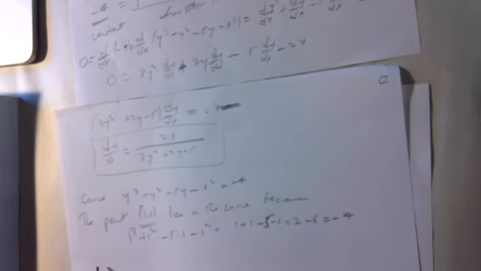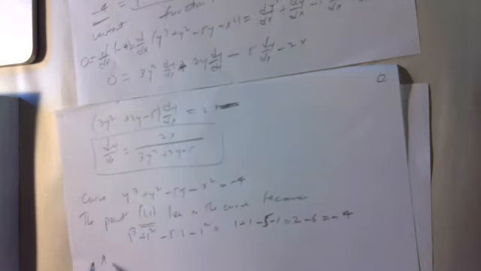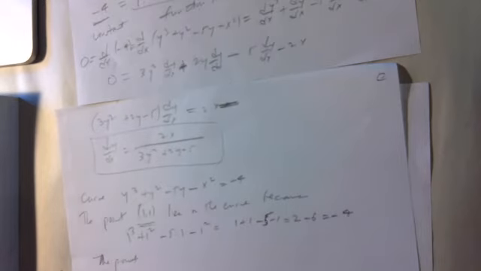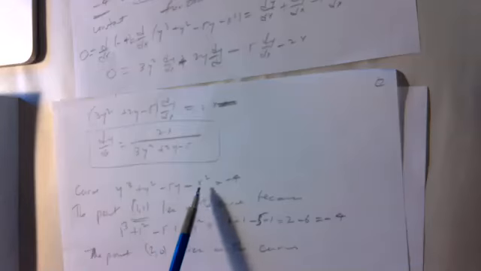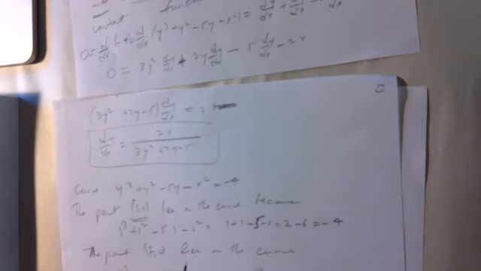And also, the point (2, 0) lies on the curve.